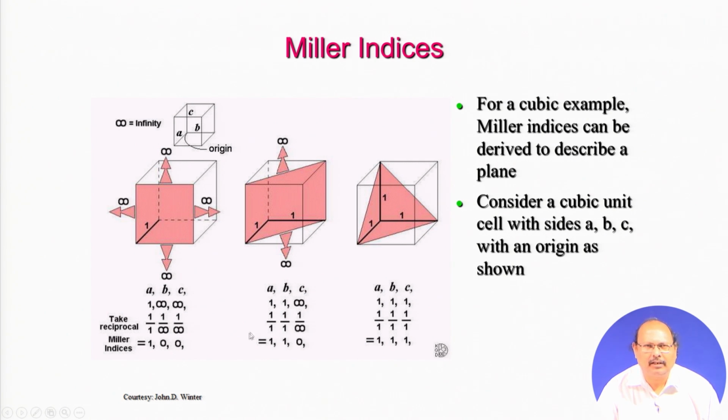So, ultimately it is converted into a symbol, this is 1 1 0. Whereas, this plane here intersects A1, A2 and A3 at equal lengths. So, all the parameters are 1. So, you have the Miller index symbol of such a crystal face, we call it 1 1 1.